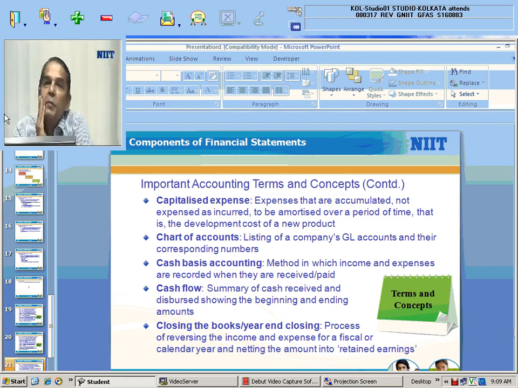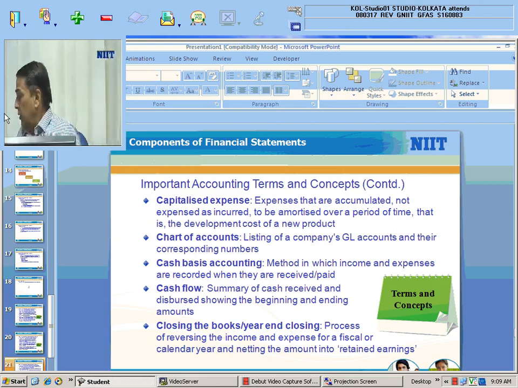So a cash flow statement shows the opening balance of cash account, cash received during the accounting period, cash paid or disbursed during the period, and also the closing cash. Automatically, opening cash plus cash received minus cash payments should give you the closing cash.